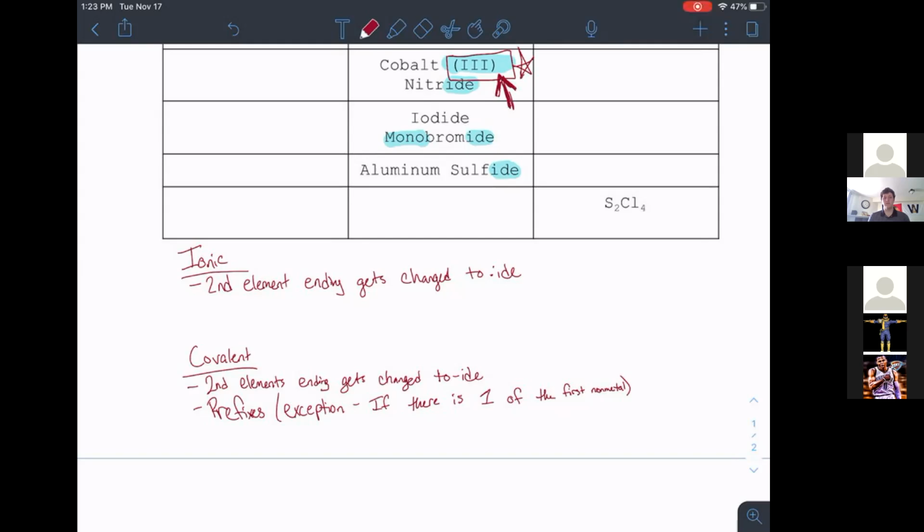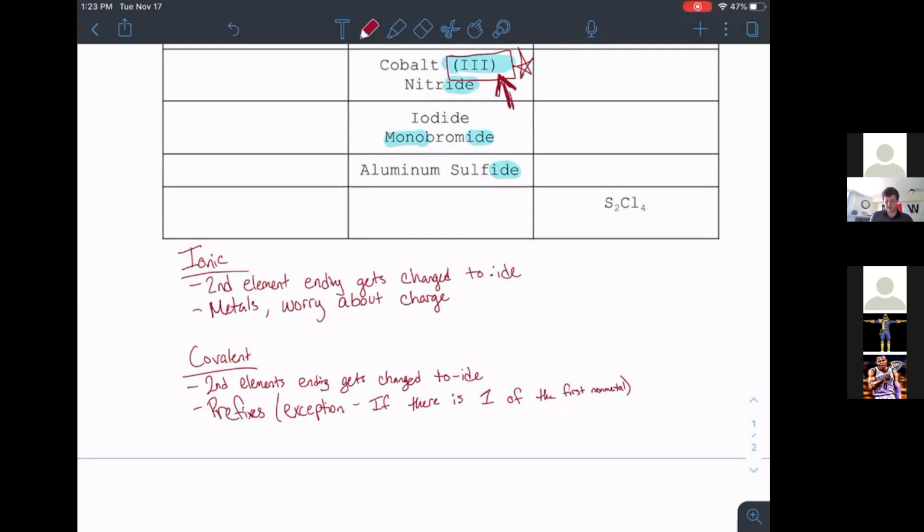That's how many valence electrons. And when do we use those Roman numerals, or how many valence electrons we have? When do we have to worry about that? When there's like a metal. When they're metal, okay? So metals worry about charge.